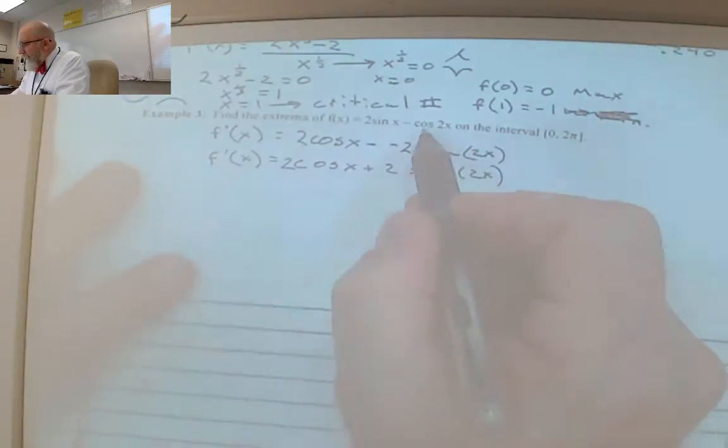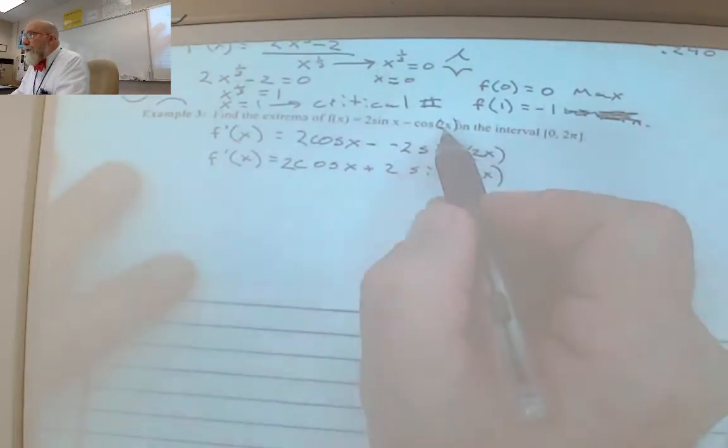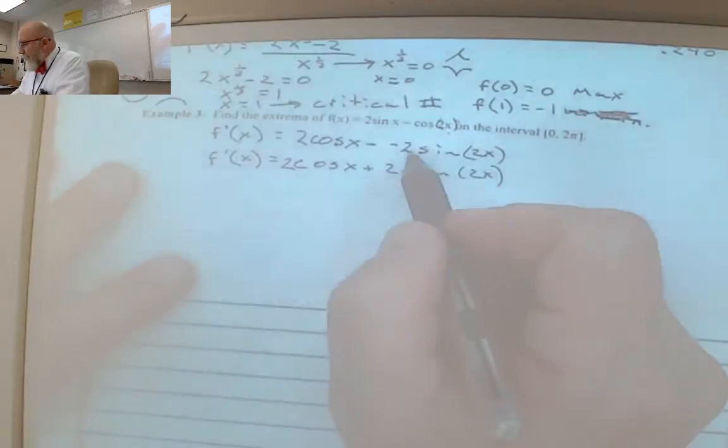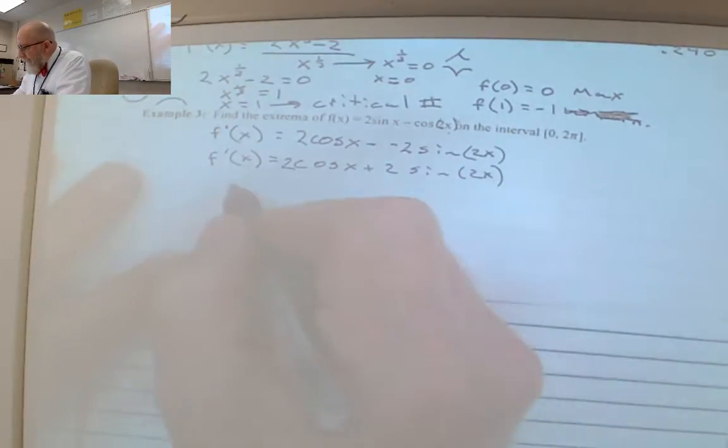Well, the derivative of cosine is negative sine. And then you have to do the chain rule. You have to take the derivative of the inside and get 2. She put the 2 and the negative sign together and said it's a negative 2. Does that answer that? Okay, I'm going to make this equal to 0.